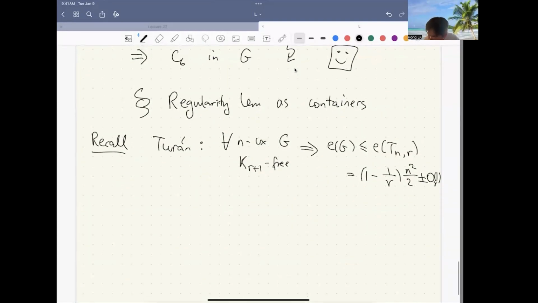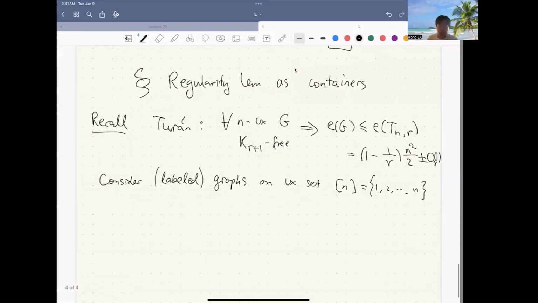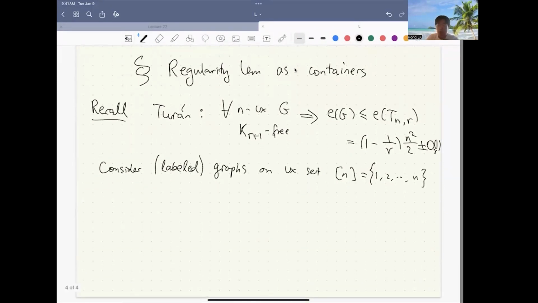Now, consider labeled graphs on vertex set [n], which is the first n integers. You can see all the graphs on the first n integers. And we want to count those that are K_{r+1}-free. How many of them are K_{r+1}-free?